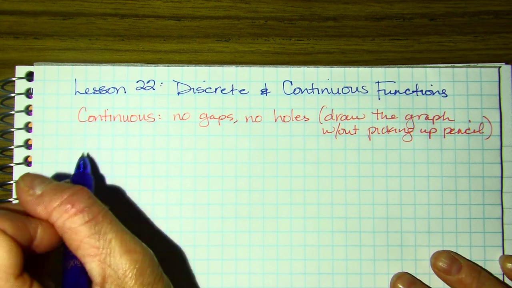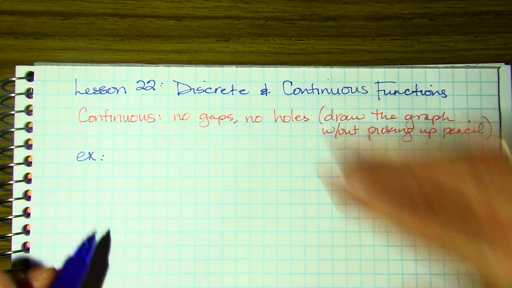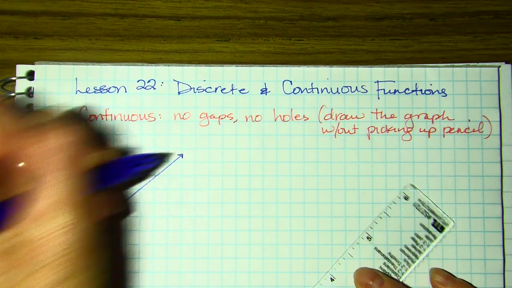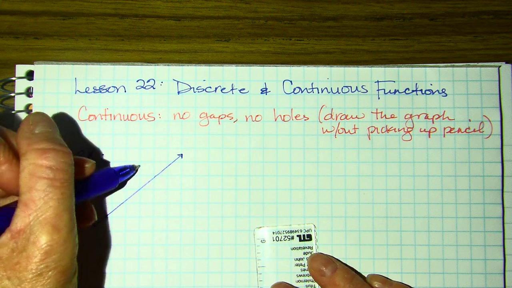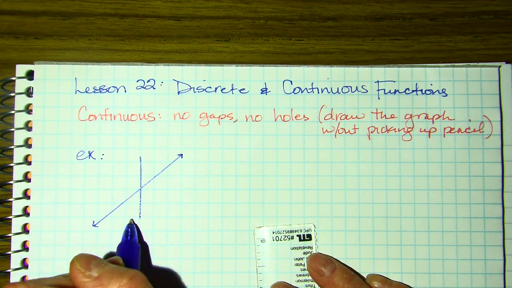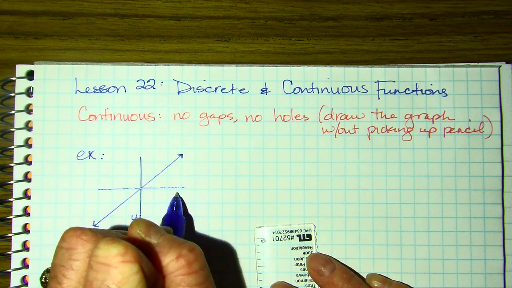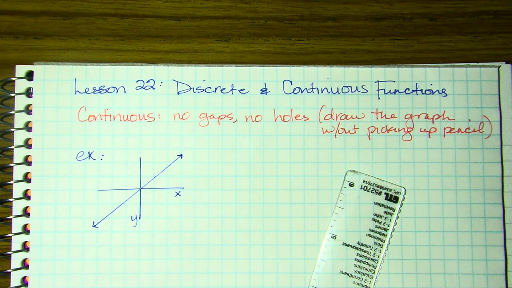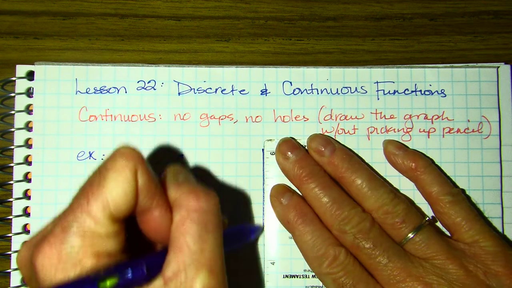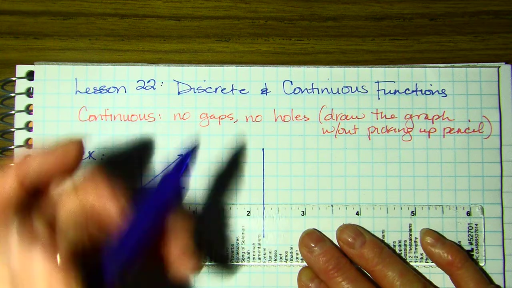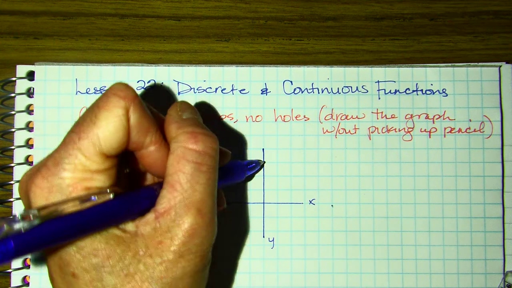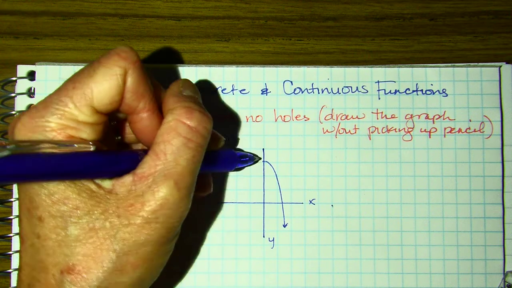Examples. Okay, an example would be a linear graph, right? If this was y and this was x, notice this is a continuous line. There's no holes, there's no gaps. Another example, here's x, here's y, would be a quadratic function.